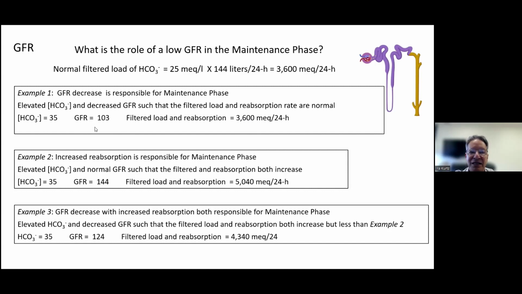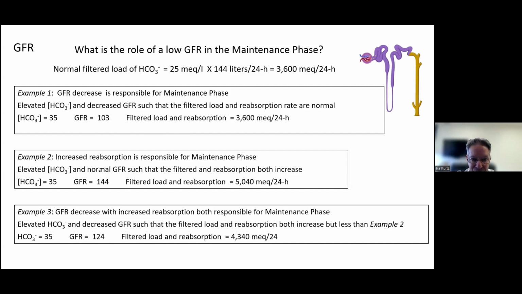The entire maintenance is due to the fact that the GFR has gone down by the same factor that the bicarbonate went up. So here we have maintenance purely due to an abnormal GFR. The nephron doesn't have to do anything else as far as its transport processes. That's an extreme, but definitely possible. And as I'll show, Marty Kogan showed that that's actually occurring during vomiting.